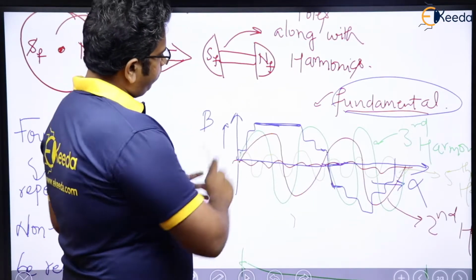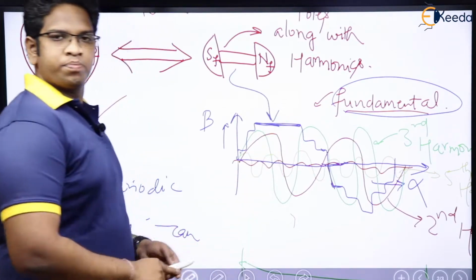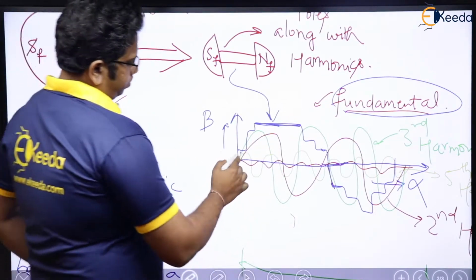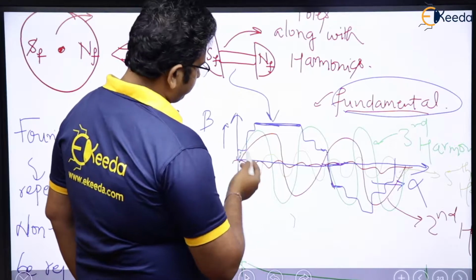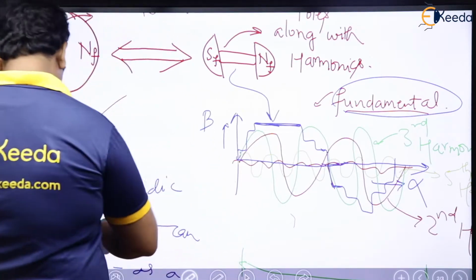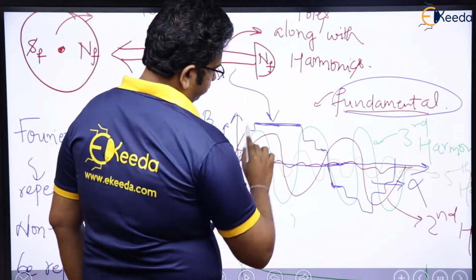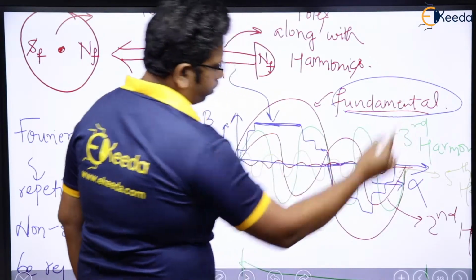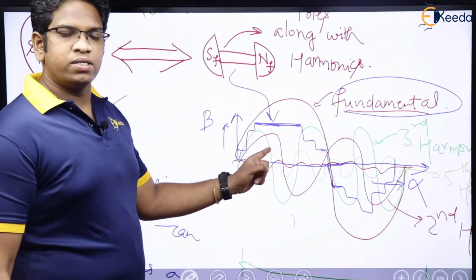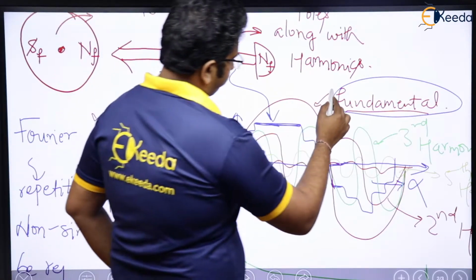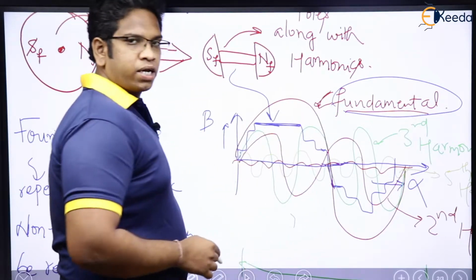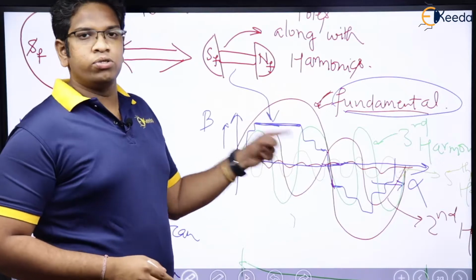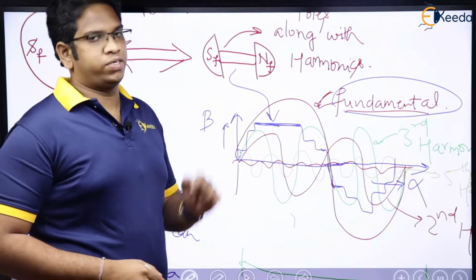SF and NF will be representing this blue. Whereas my red, this red which was there, this is my fundamental component. This I will be using in order to have equations.